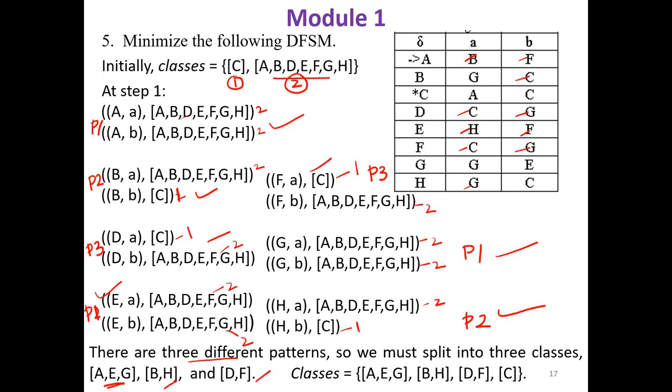So now we have obtained three classes AEG, BH, DF, and C as it is. So by now we obtained 4 classes.